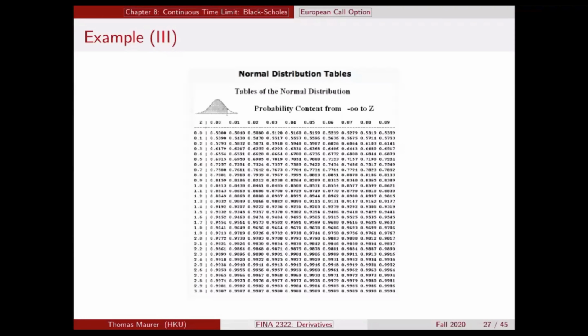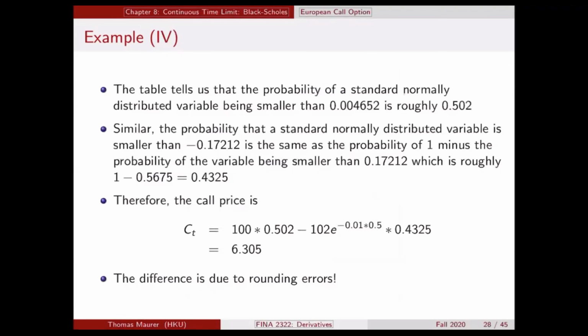Let's look up 0.17, that's 56.75%, and the probability of the standard normally distributed variable being smaller than minus 0.17 is 100% minus this 56.75%, that's 43.25%.